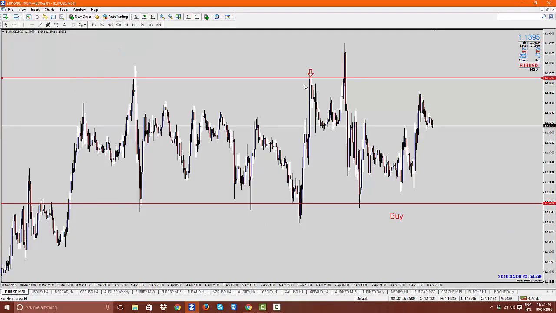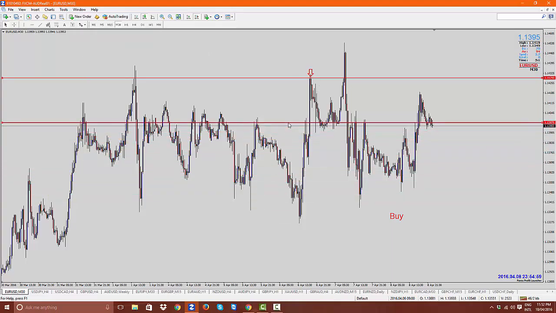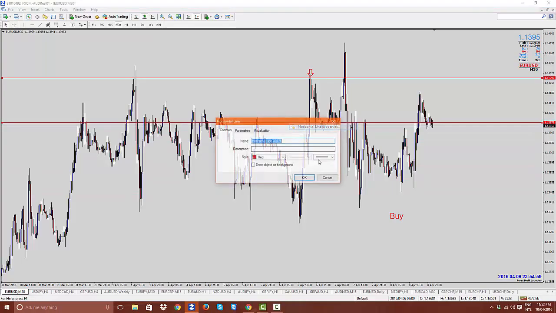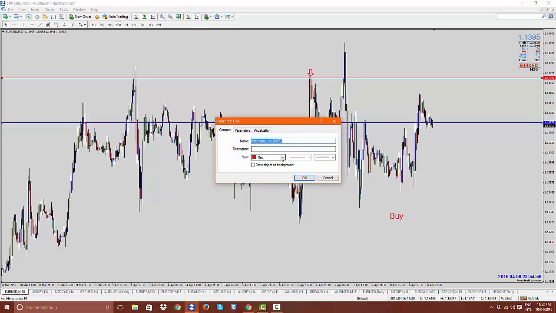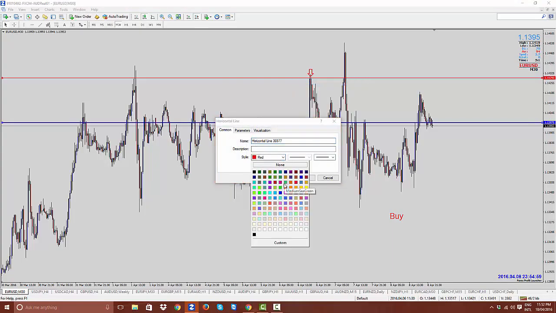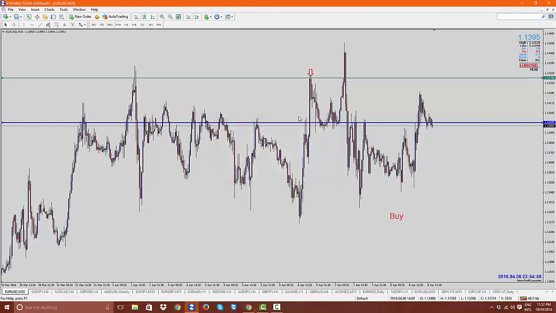So this will be our entry point, and this blue line, let me color it blue, will be my profit line, my take profit. Let me color my entry green. And my stop loss goes, say, way up here.